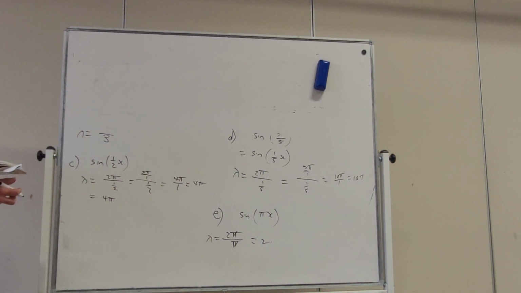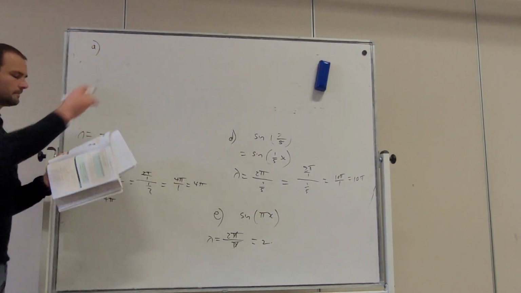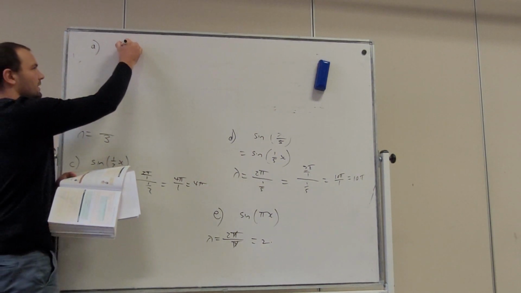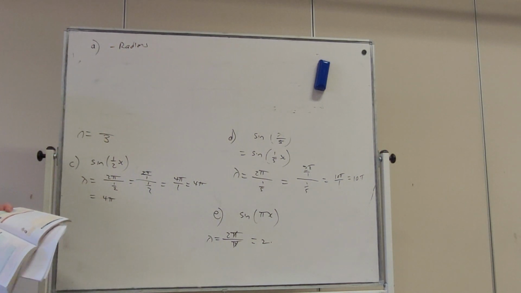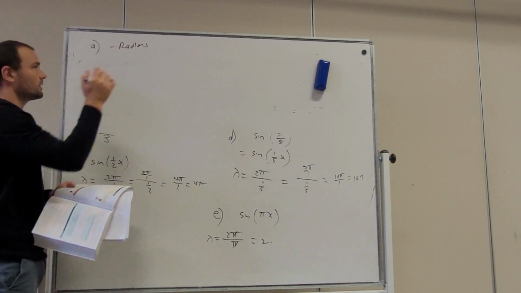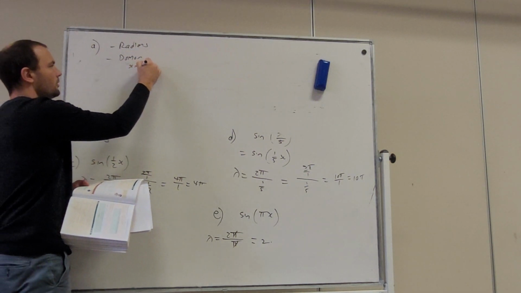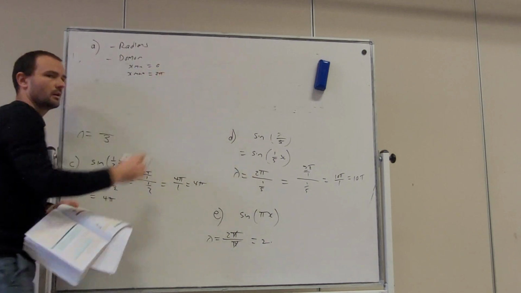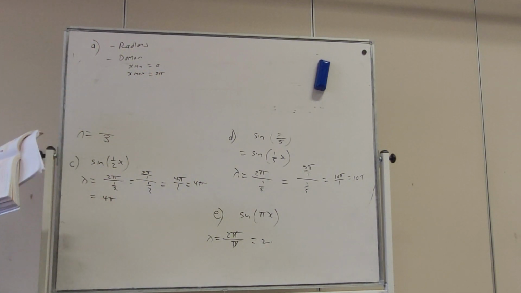But let's talk about question 1AC. So firstly, it says graph from 0 to 2 pi. What that means is we need to make sure our calculator is set in radians. And the other thing it wants us to do is restrict our domain. It wants our x min to be 0 and our x max to be 2 pi. So we've got it set in radians, we restrict our domain.